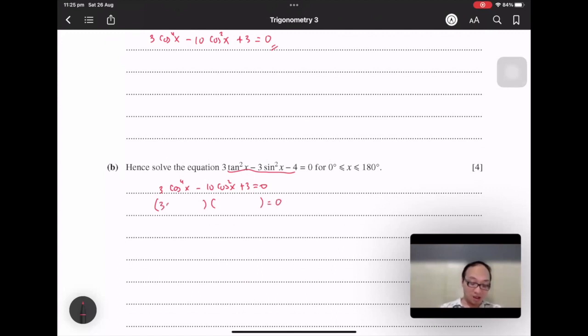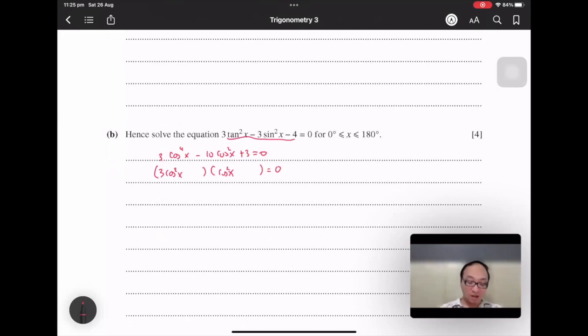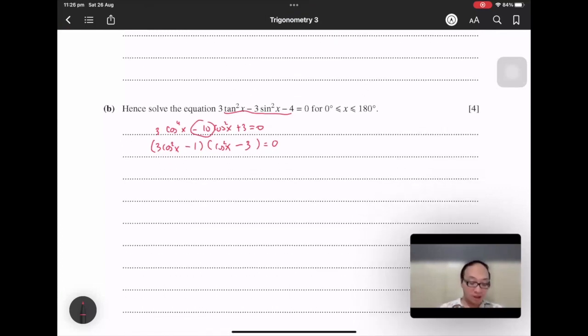So this is 3 cos²x, this is cos²x, and then negative, so I put negative 3 here and negative 1 here to make negative 10. So that means I have cos²x equals 1 over 3 or cos²x equals 3.